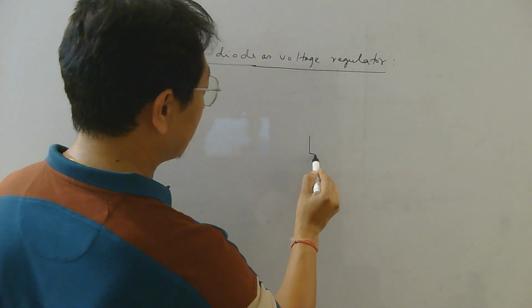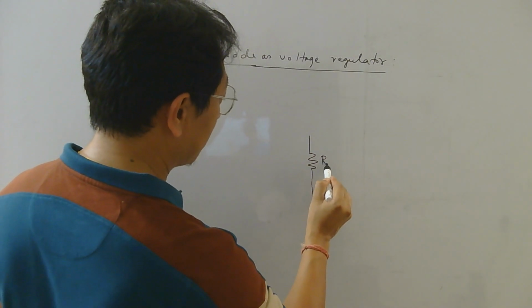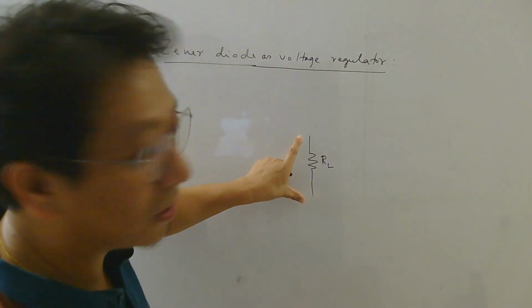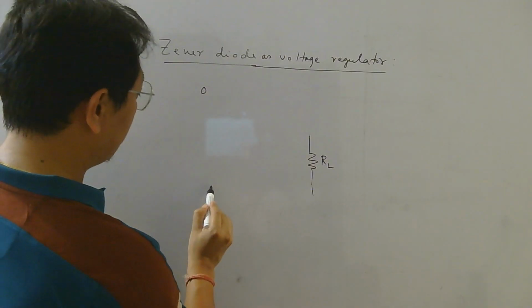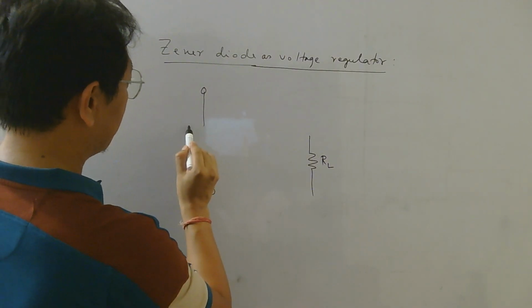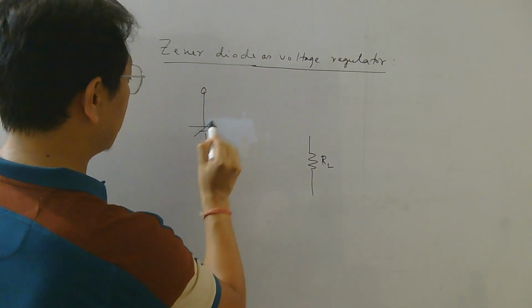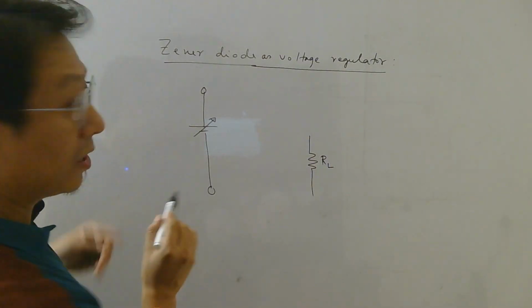So let's say you have some load resistance, some device, and you want here exactly 5 volt. However, the problem is your input voltage is, let's say, variable, unregulated.